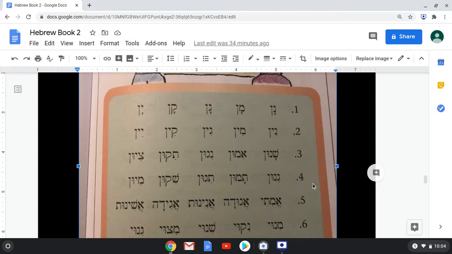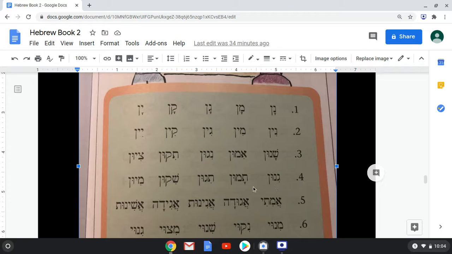Okay, 4. Ganun, sorry, I misspoke that. Ginun. Ginun. So gi, nun. These three letters, nun, our nikud, and our final nun, are all one syllable.